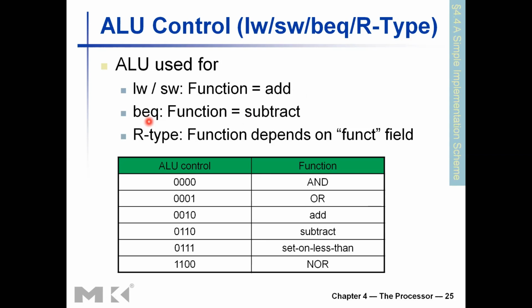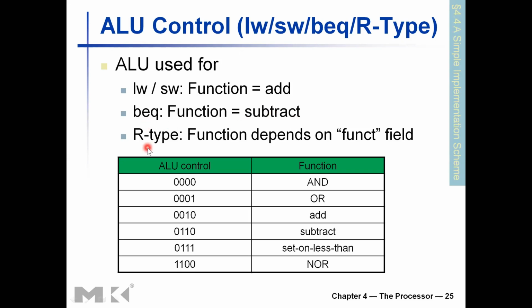If they are equal, the result should be 0. In that case, that 0 signal or output coming from the ALU can be used to make the program counter change to the correct target instruction to make the branch happen. So the function of the ALU for that is subtracting the two register operands given by the instruction. So that is for branch if equal.